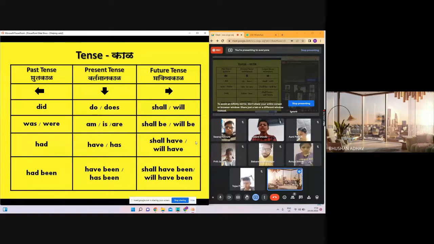These are for past. So wherever and whenever you see did, was, were, had, and had been in a sentence, you have to consider that it is past. The thing has already taken place. It is over now. It is related to, connected to, and about the past.